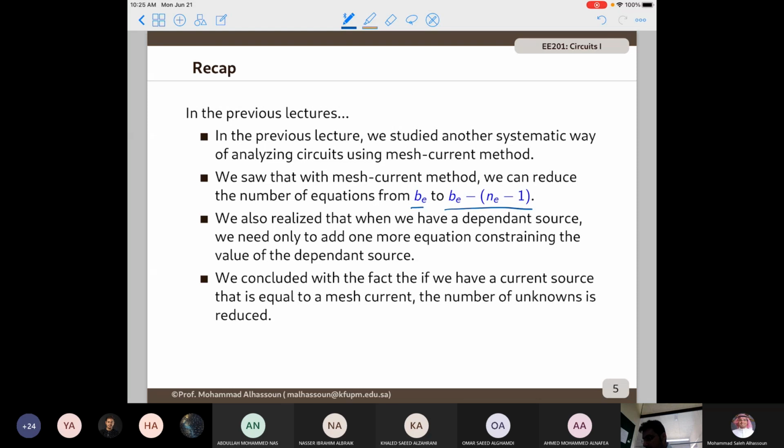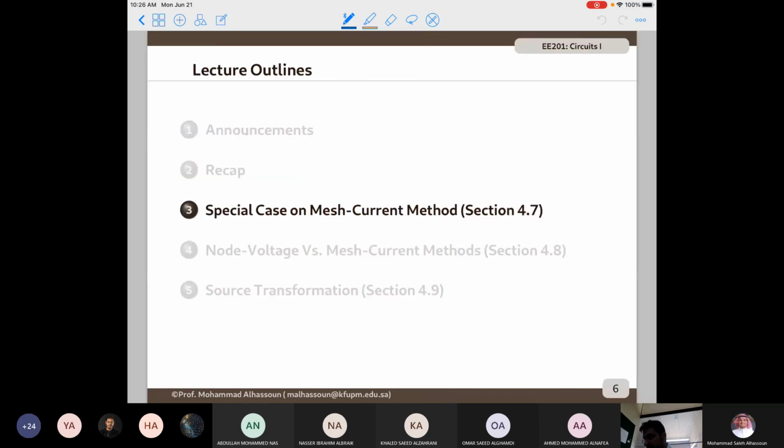The last thing we discussed was what happens if one of the mesh currents is a current source, so we have a current source that's equal to the mesh current. We noticed that the number of unknowns is reduced because basically we found one of the mesh currents. So this is the first special case.